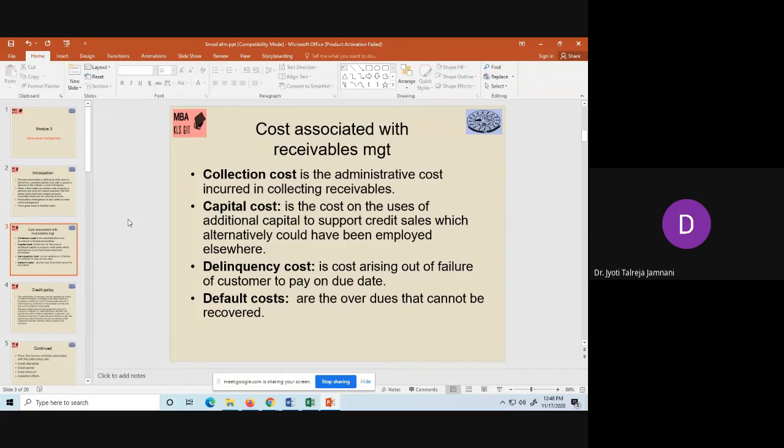It is the cost on the use of additional capital to support credit sales, which alternatively could have been employed elsewhere. If Mr. ABC had paid me on time, I would have used that 5 lakh somewhere else. But because he's paying me later, I don't have my own money, so I'm borrowing from outside and paying interest. That's the reason I have a capital cost. Are you understanding the logic?